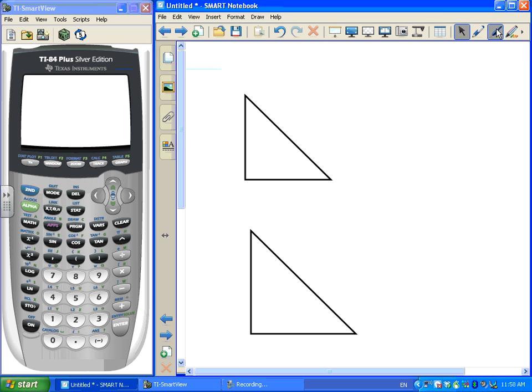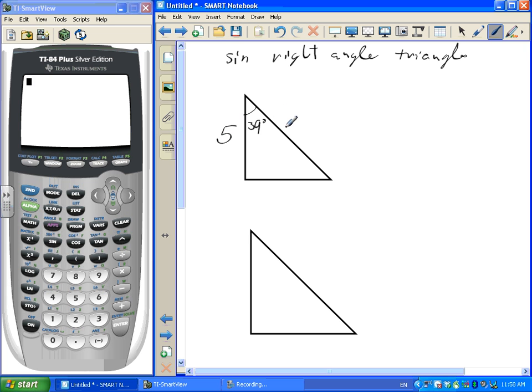Okay, sine ratio. It's a right angle triangle. We're going to use the same type of triangle. Let's say we have 39 degrees again, and this is 5.